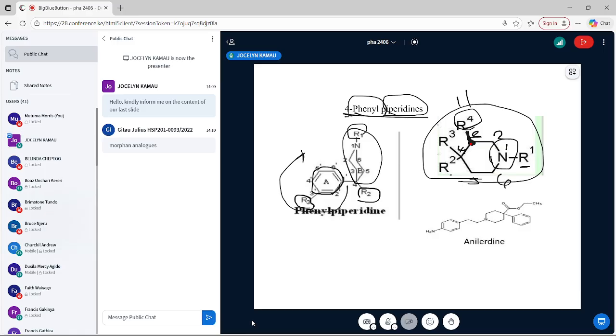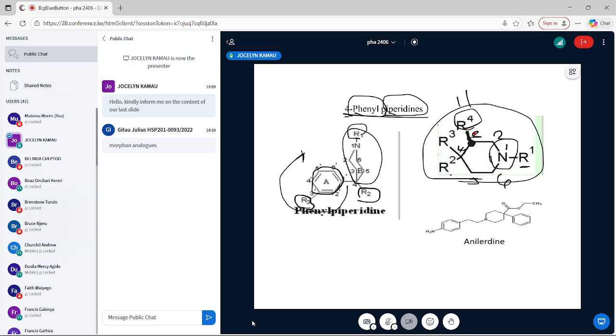And once you have that substituent, position number 3 automatically becomes a chiral center. And it was found, since these compounds have a lot of stereoselectivity, even the stereochemistry of that position number 3 influences activity. So I hope we are together.